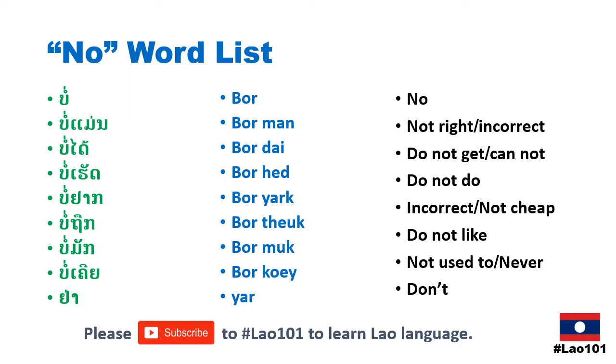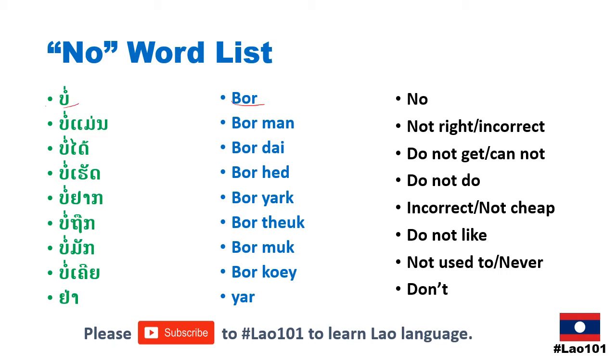So the word list in Lao of how to say no is actually not straightforward, like just yes or no in English, for example. It always depends on the context of what you are saying or who you are talking with. For example, the simple no means bo.